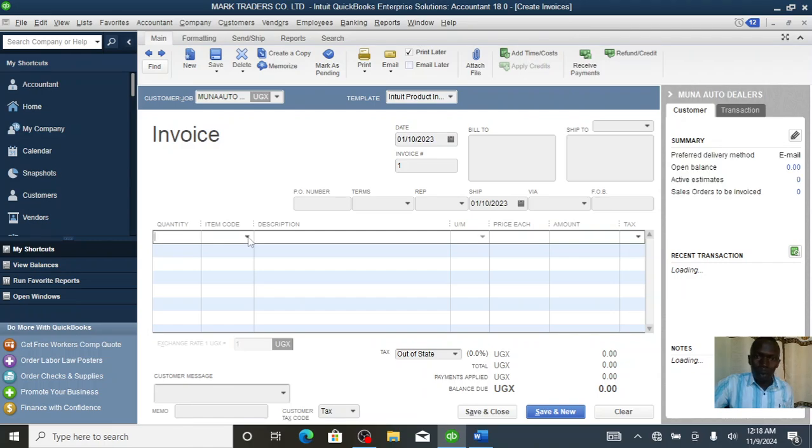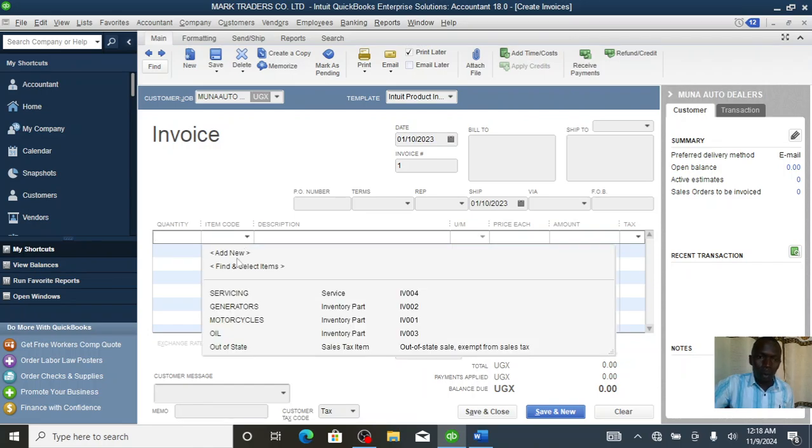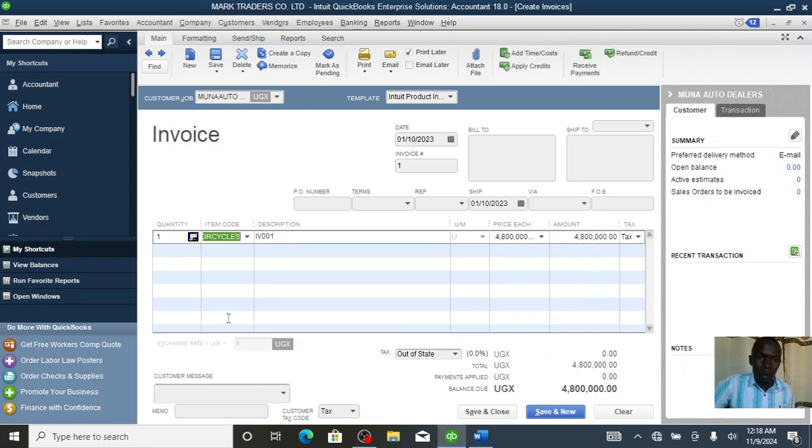The item code. Okay, so it was in motorcycles. Our quantity was 6.